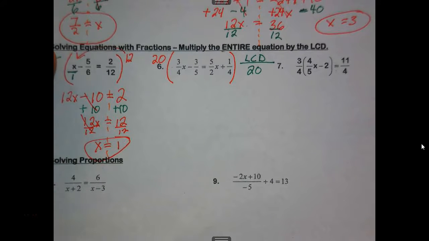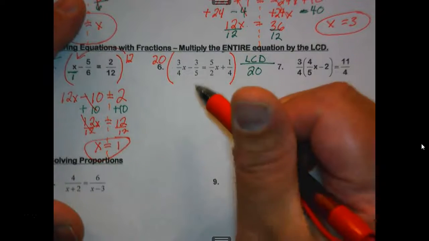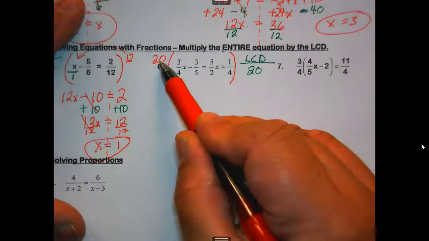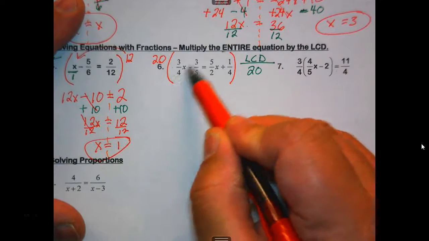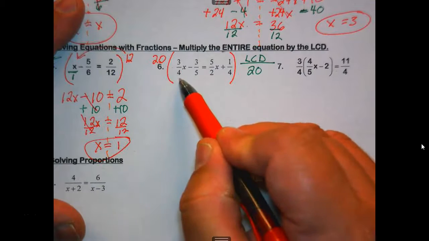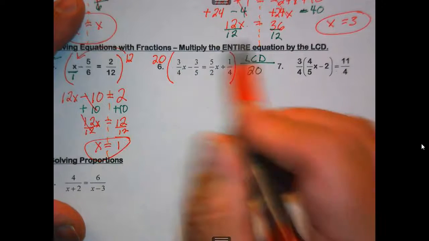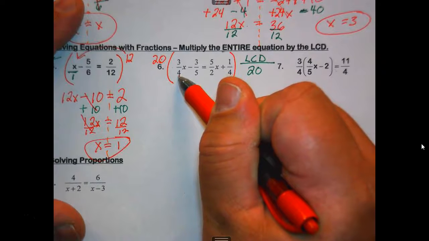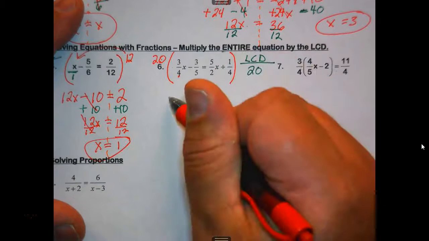Now, you could do this different ways. I'm going to do it my way. If you figure out another way, that's fine with me. 20. I'm going to cancel, there's 5 4s in 20. In other words, 20 divided by 4 is 5 times 3, 15.